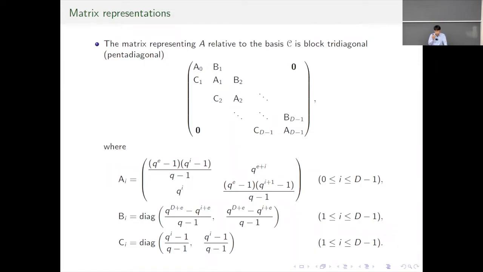Well, we can view this one as a block tri-diagonal matrix. So each block AI, BI, CI is given this way. But the matrix entries are very simple, compared with the Racah case. In the dual polar case, everything can be described and determined by Q, D, and E.